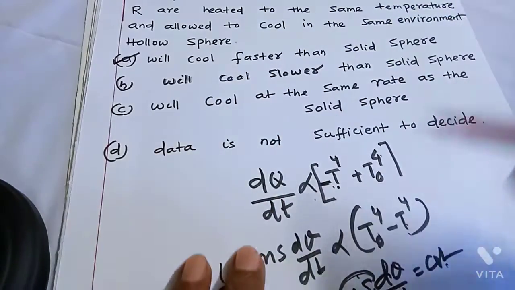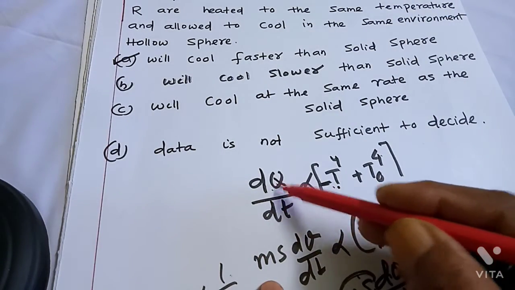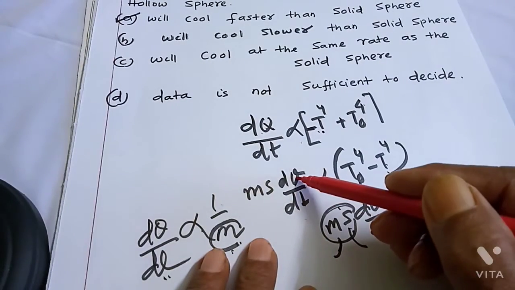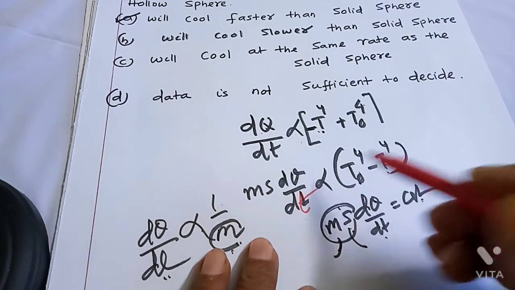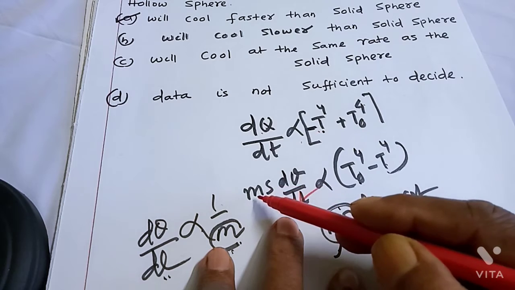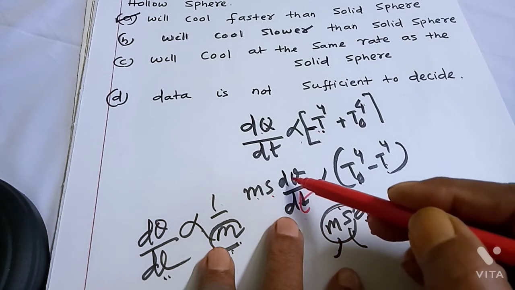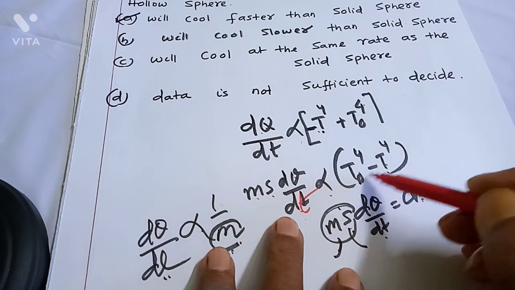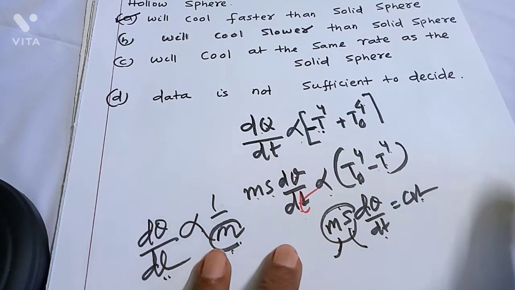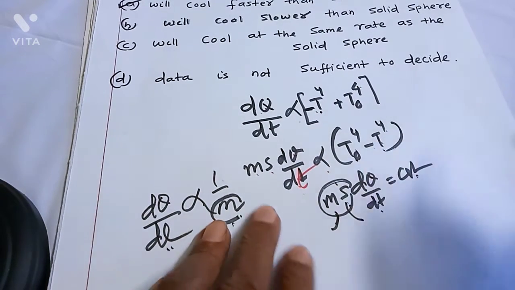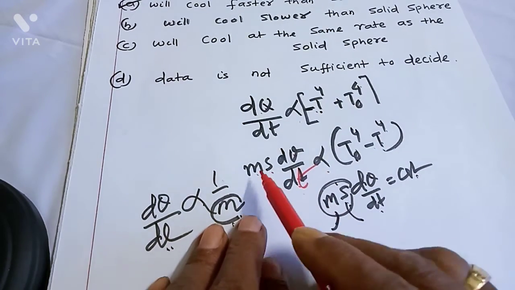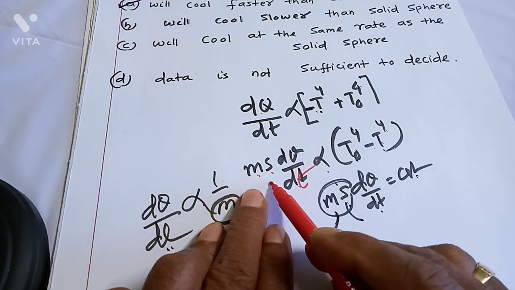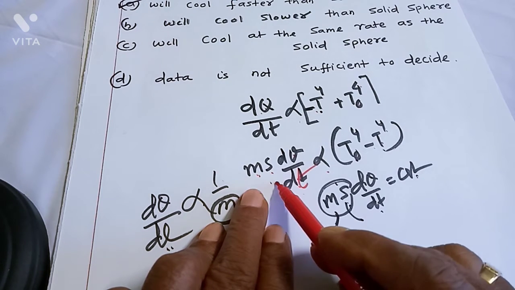Now, we know the rate of loss of heat equals mass into specific heat into rate of change of temperature d theta by dt. So mass, specific heat, rate of cooling is proportional to T0 minus T to the power 4.